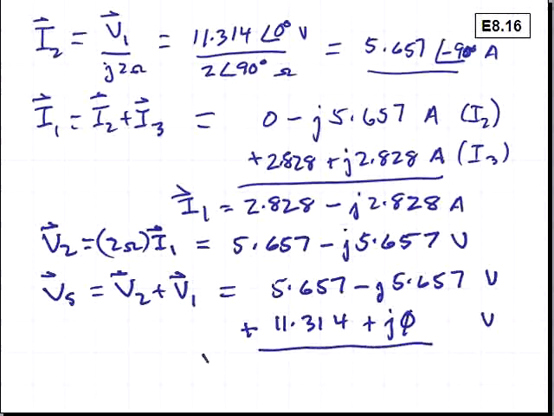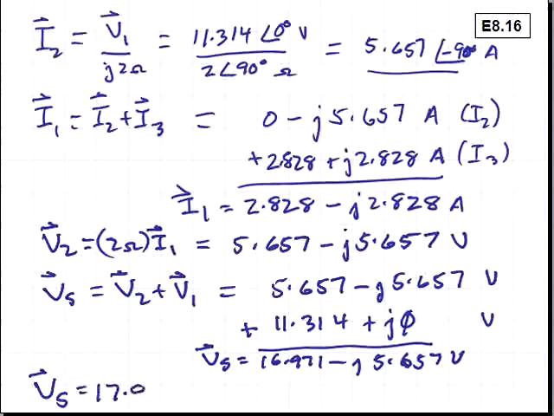And this gives us that V sub S is equal to 16.971 minus J 5.657 volts. And we can represent that in the polar format as V sub S is equal to 17.89 at an angle of minus 18.43 degrees volts.